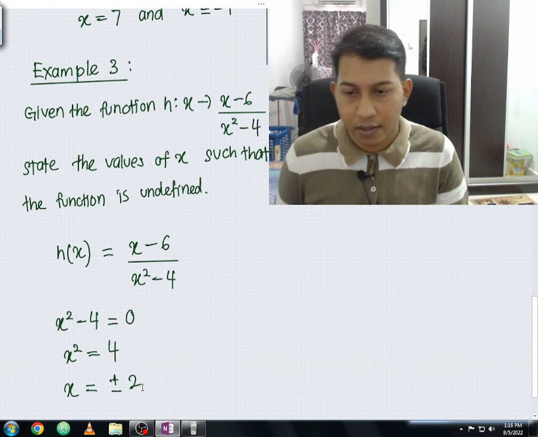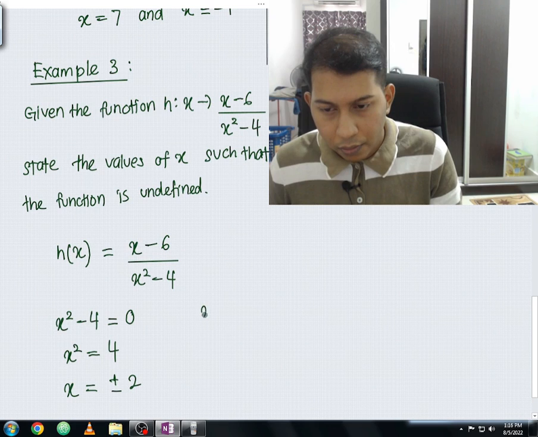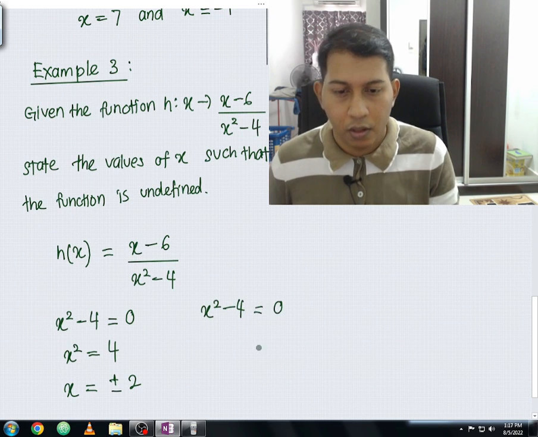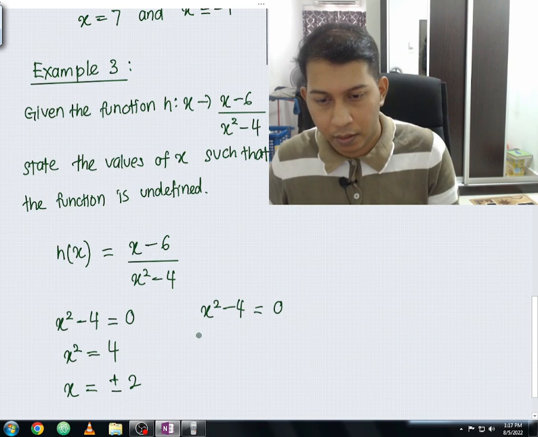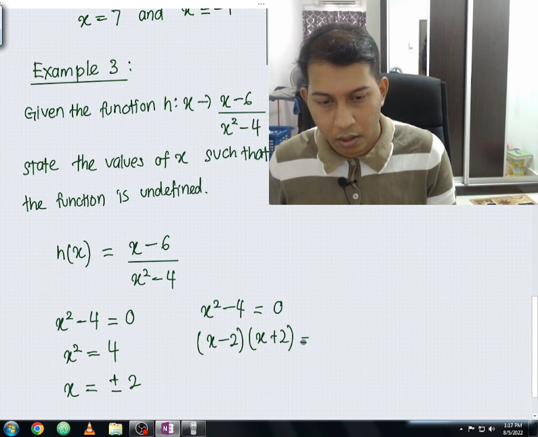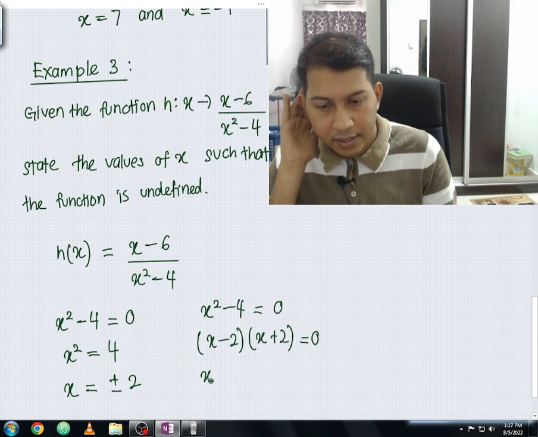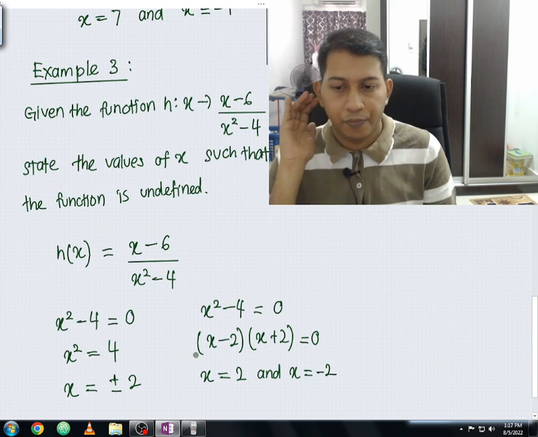You can do this, or x square minus 4 equals 0, you can factor this. So it is x minus 2, x plus 2 equals 0. So you calculate this, you should get x equals 2 and x equals negative 2.